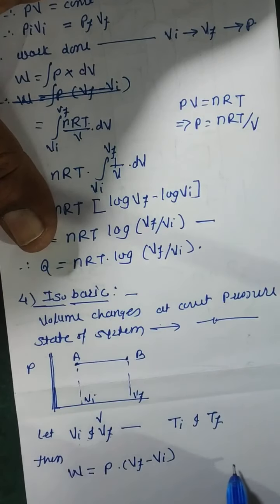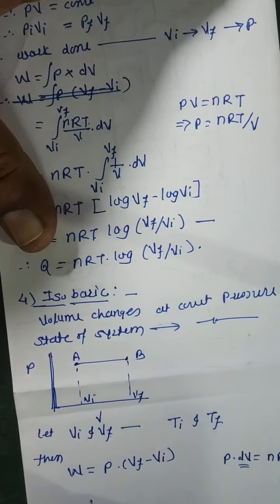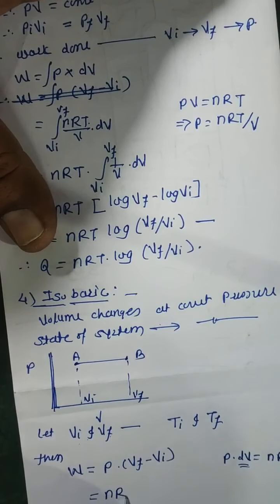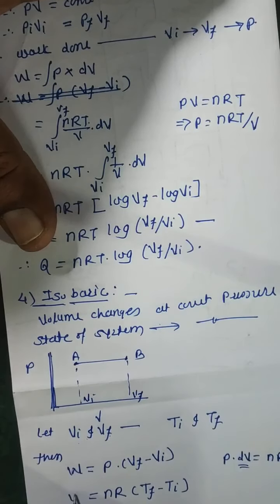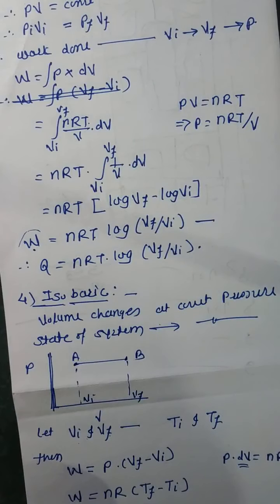But we know that P into dV is equal to nR into dT. dT means change in temperature. Therefore this can be written as nR into Tf minus Ti. This is the work done during this process.